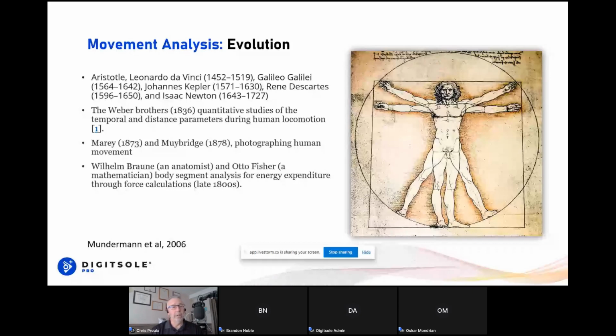And then also in the 1800s, a little bit later, of course, technology has a major role in all of this, but now being able to use photographs. They're still photographs, but taking multiple photographs to look at the different positions as someone is moving through a locomotion or a movement pattern, right?